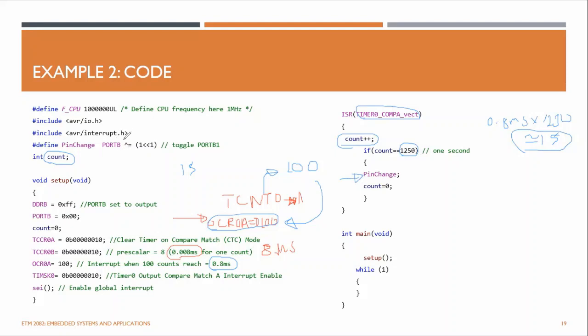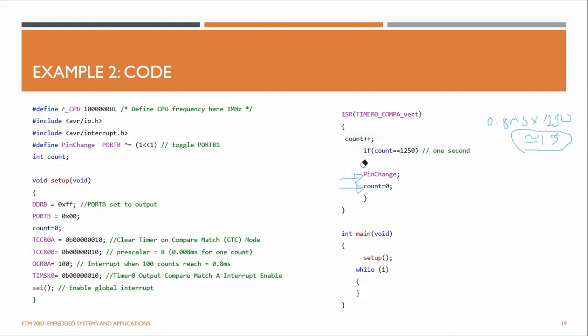It will change the voltage level of the port pin, and at the same time, I will reset this counter variable to 0 and start things from the beginning. So that's how you use the CTC mode to generate this kind of time period.